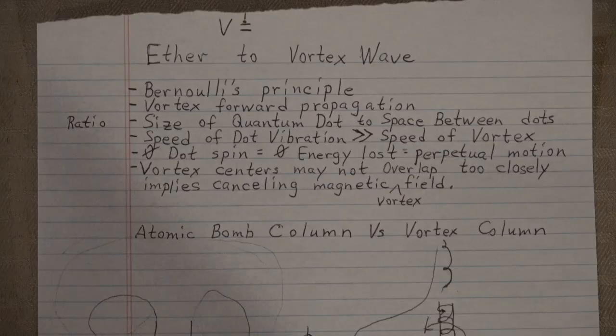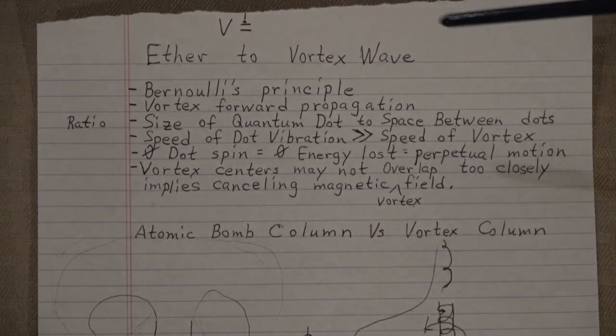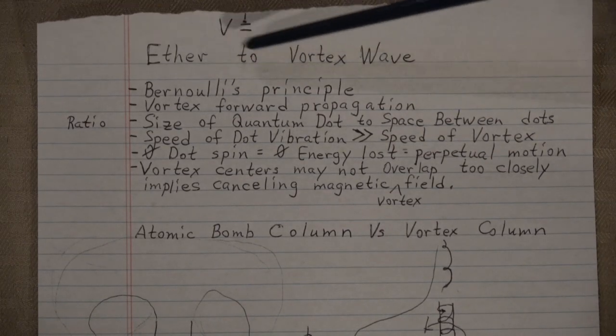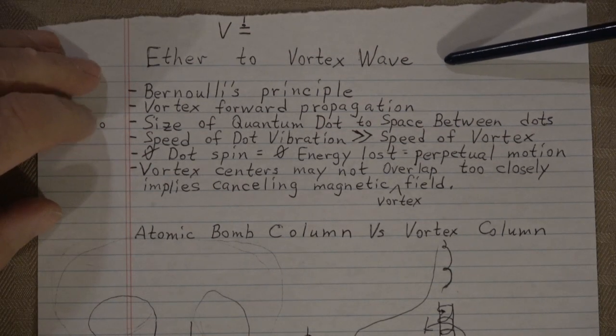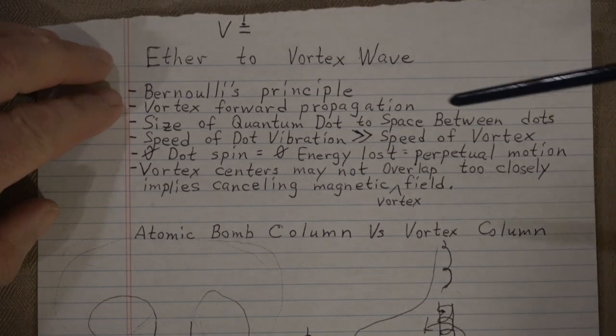So these are a whole bunch of problems I have going from ether to vortex waves, and I guess I'll go over the paperwork. Okay, again, what I don't have is real easy to go over. I'm going from ether to vortex waves using the quantum dot model of ether.